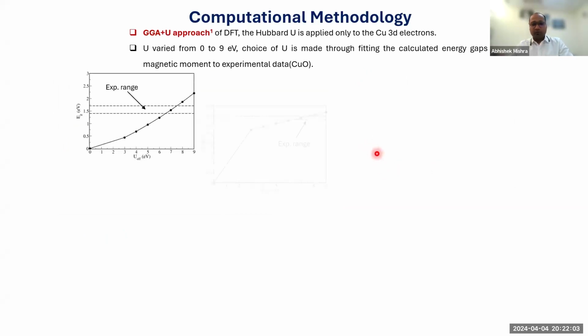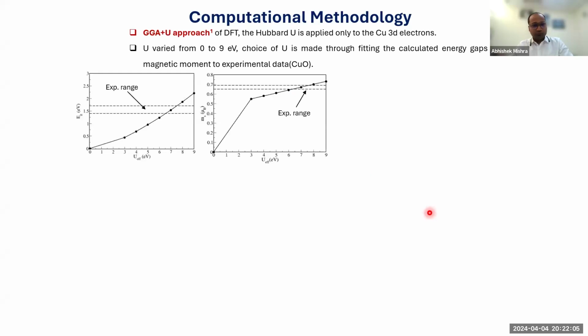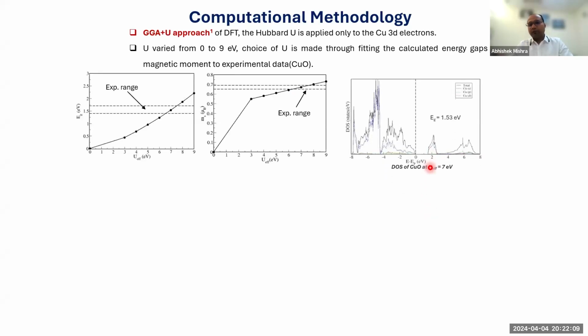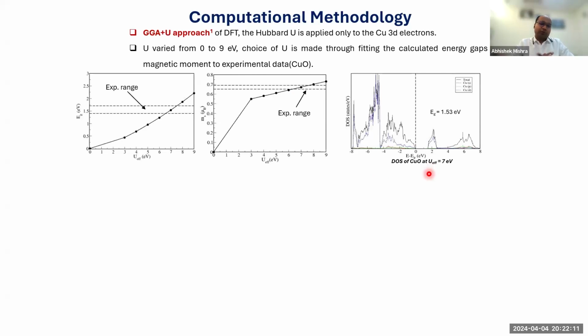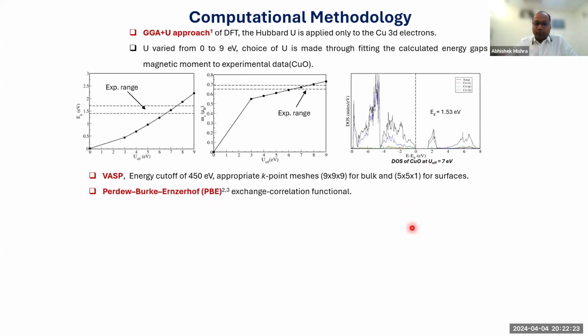We were doing well in terms of predicting the magnetic moment as well. And this is the electronic structure at this particular Hubbard parameter. We were happy that now this model is good for both copper 1 and copper 2 oxide, and that I will show you in the next slide.